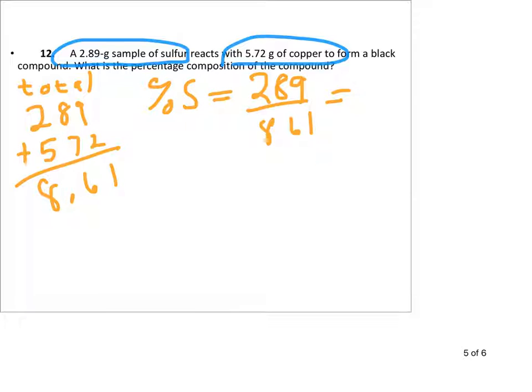Go to my calculator. And I get to keep 3 sig figs. It's going to put me at 33.6% sulfur.